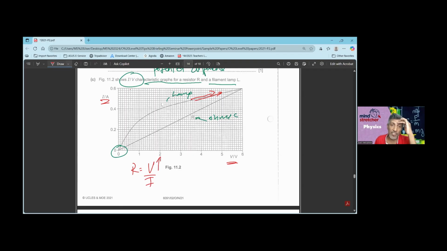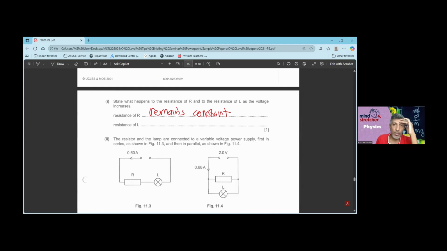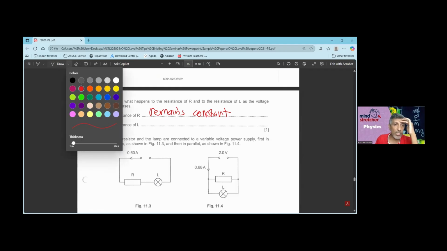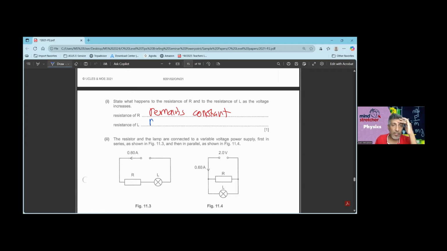So the V increases more than the I, so the resistance actually increases. As the voltage increases, the resistance increases. V increases more than I.